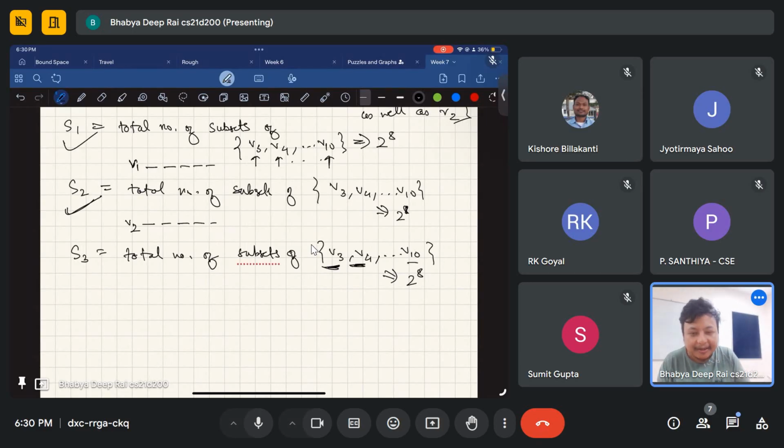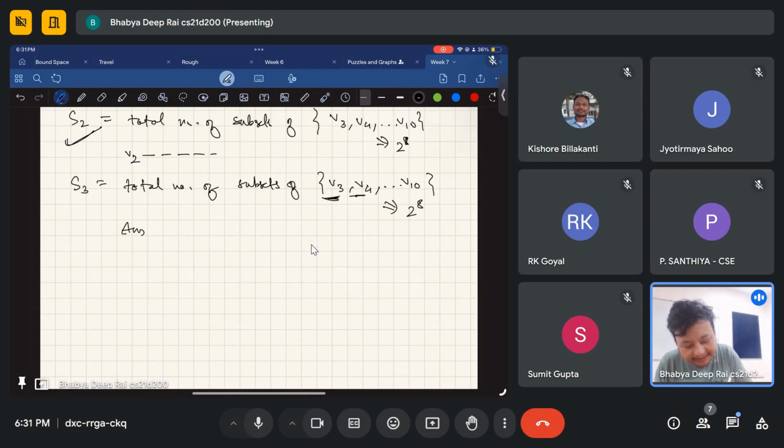Any subset of this will never contain V1 or V2 or both. All three cases are not possible, right? Which is again 2 power 8. So therefore, we get the answer 2 power 10 minus 3 times 2 power 8, right?